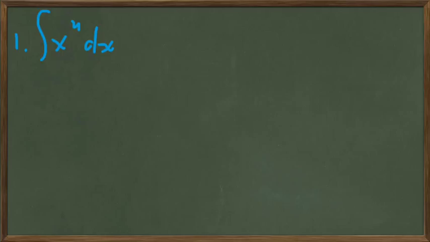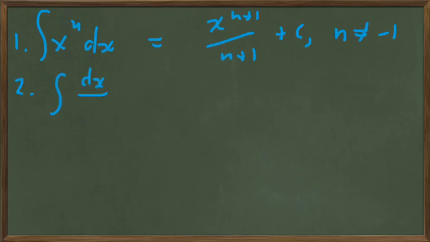So of course we will need to use the power rule for integrals frequently. That is, of course, x to the n plus 1 over n plus 1 plus c, as long as n is not equal to minus 1. The special case when n equals minus 1 is this, which we just did in one of the previous problems, ln absolute x plus c.